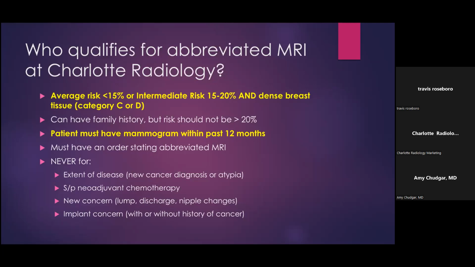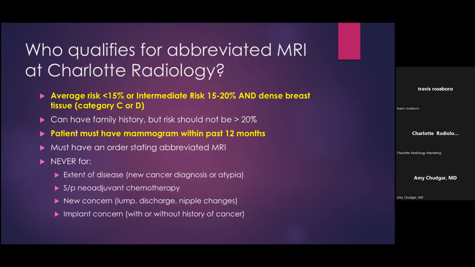So they can have a family history, but again, their risk should not be greater than 20%. If they are greater than 20%, they should be getting the full protocol MRI. Patients must have a mammogram within the past 12 months. As I said, this is a supplemental screening. It does not replace mammograms. If you do decide to have a patient undergo this, they do need an order from their physician.